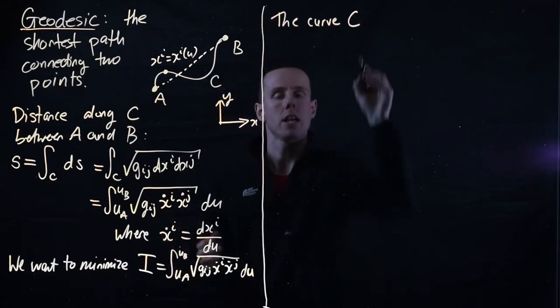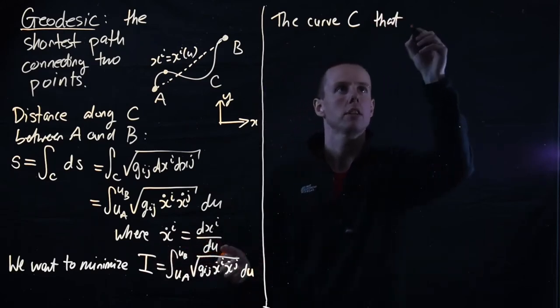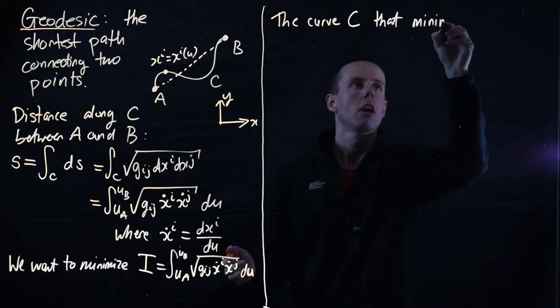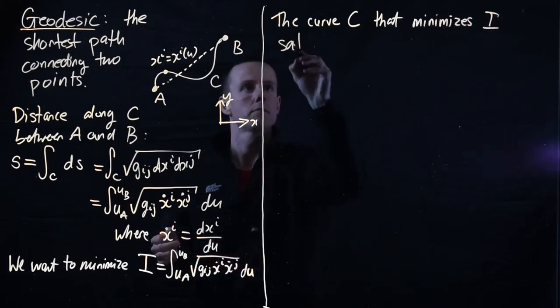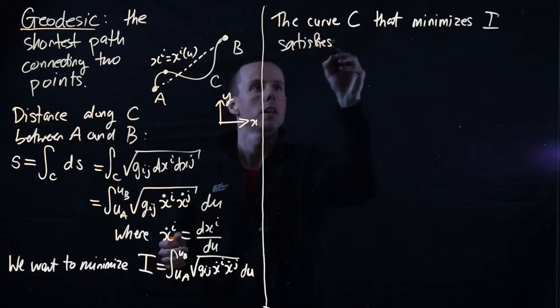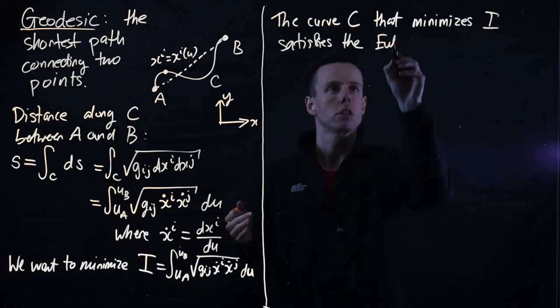the curve or path C that minimizes this integral, or at least makes it stationary, satisfies what's called the Euler-Lagrange equations.